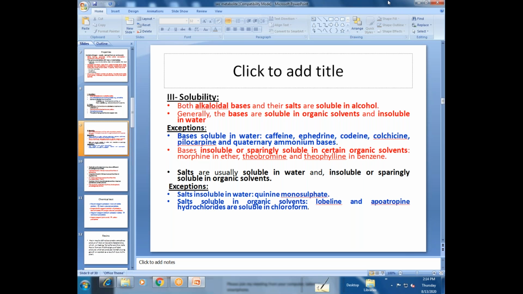Bases are soluble in alcohol and organic solvents. Salts are soluble in water, ma'am. Insoluble in organic solvent, but soluble in water. Yes. Salts are soluble in water and alcohol. Bases are soluble in alcohol and organic solvents.